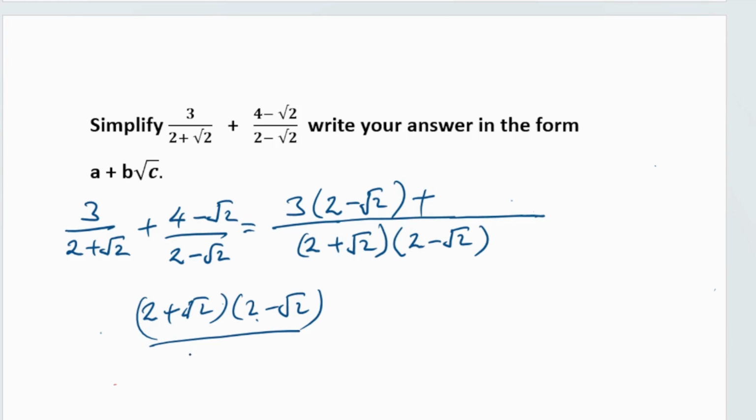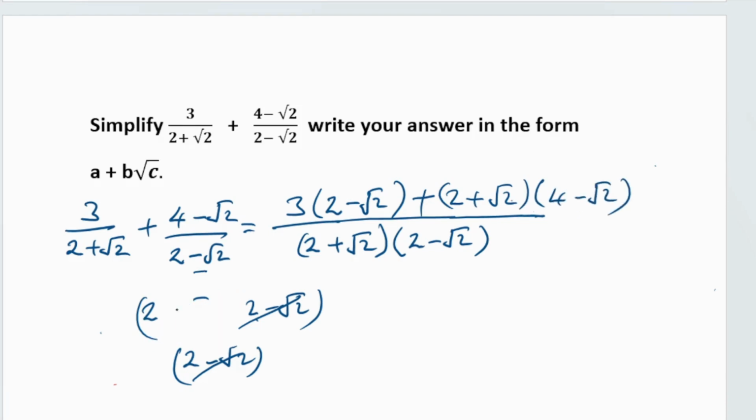This one will cancel out with this, and we are left with 2 plus square root 2, and then we multiply it with the numerator, 4 minus square root 2.